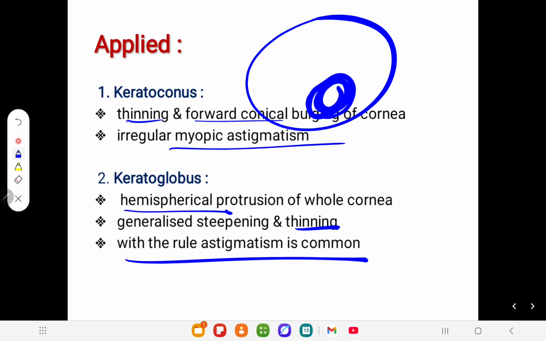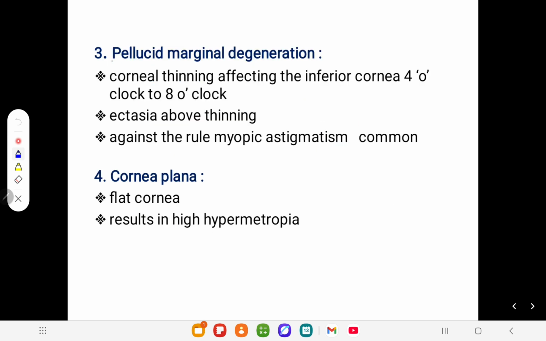With-the-rule astigmatism is common, but keratoconus is not like that; it has irregular astigmatism. And in pellucid marginal degeneration, as we call it, pellucid means clear, marginal means in the margin, degeneration means a degenerative disease. So there is corneal thinning from 4 o'clock to 8 o'clock. It's not about the anterior cornea; it's about the cornea.